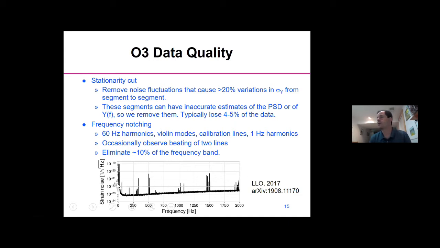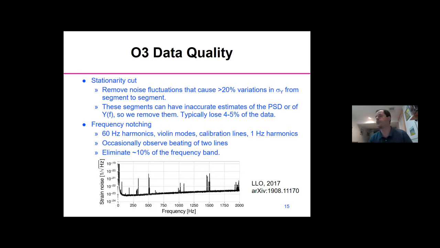So in frequency domain, we notch out a number of these frequencies. We basically identify all of them. We check, especially for those that are maybe unusual, that don't fit these descriptions here. There could be occasionally lines that are couplings, maybe locally at Livingston.